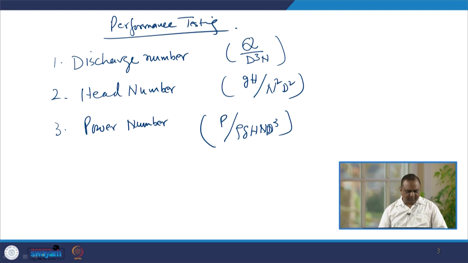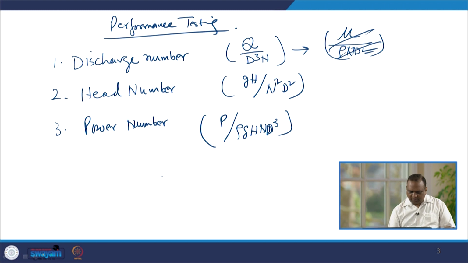This is power number. Discharge number can also be written as mu by rho and d square.